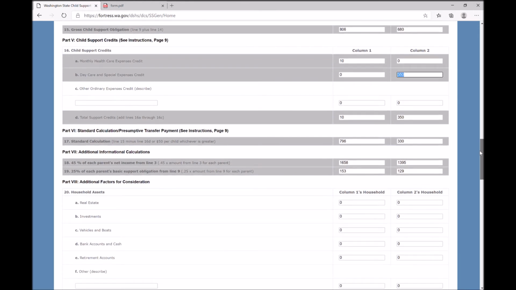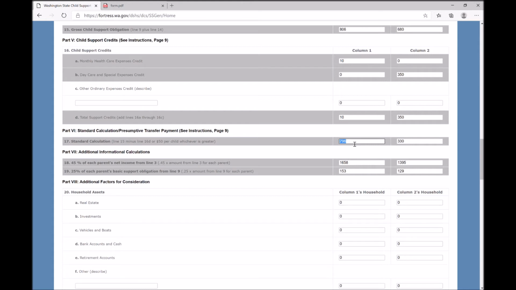What we do then is this number then gets updated. So the $806 that the father was supposed to contribute, out of that, he directly contributes 10 to the provider. Therefore, he is left with only $796 to provide.